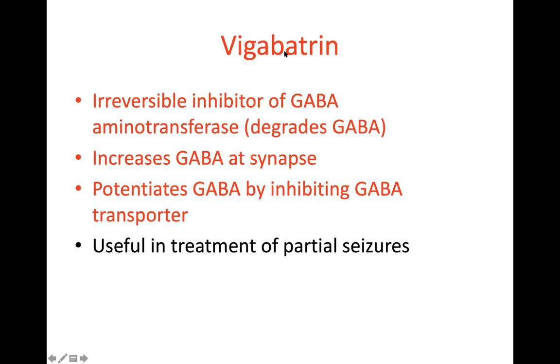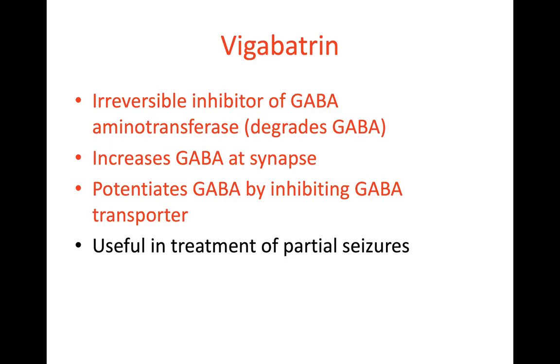So basically, it latches onto or binds to the GABA aminotransferase. This is the enzyme that is responsible for degrading GABA. And so as a result, the GABA, when it's released, is not going to be broken down.